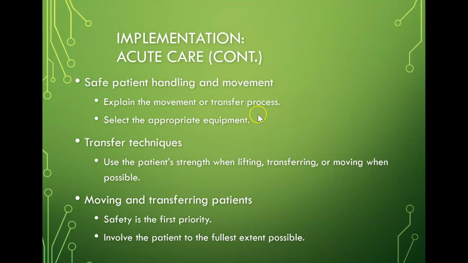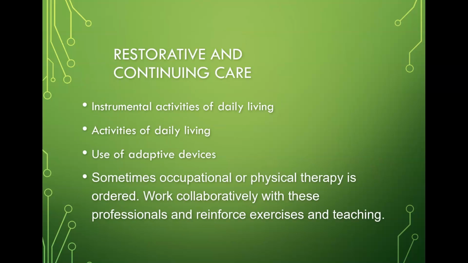Make sure you always have the appropriate equipment to move them. Use the patient's strength when lifting, transferring, or moving when possible. And make sure that safety is the main priority. You are going to evaluate how they do instrumental activities of daily living, activities of daily living. You're going to use any type of adaptive devices that can help them.